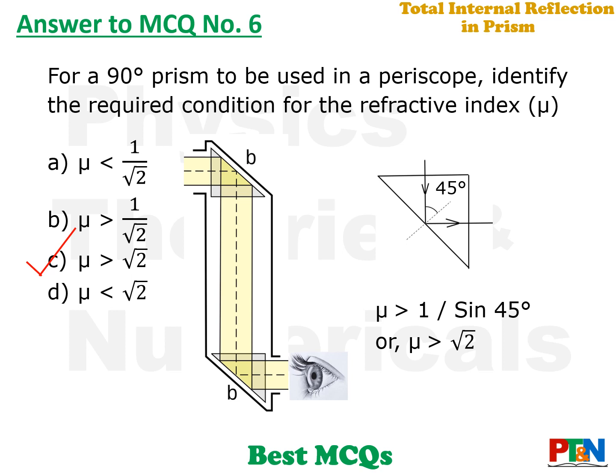At that angle of 45 degree, the ray has to undergo internal reflection. That means 45 degree has to be greater than the critical angle. So mu should be greater than 1 by sine 45, that is mu should be greater than root 2.